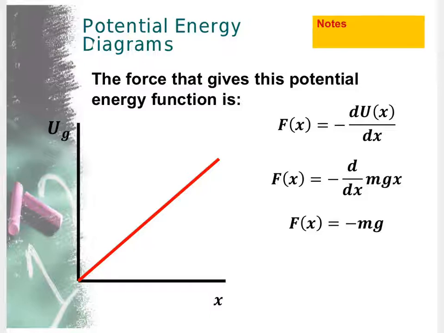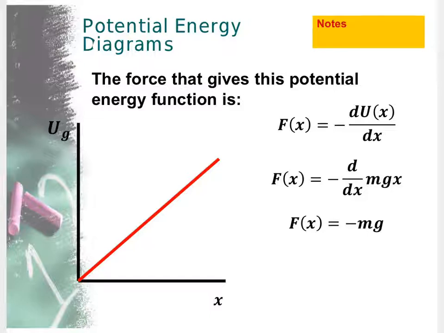So if you're looking at a graph of U_g versus x, well, the derivative is the slope at any given moment. So the slope of the tangent line. Well, we don't have a tangent line here because this is linear, so the force is going to be the opposite of the slope of this line.